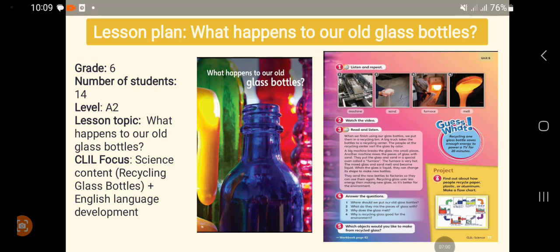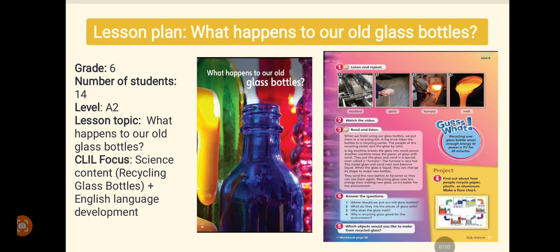And now I created a lesson plan according to CLIL, according to our students' textbook of 6th grade. I chose a topic: what happens to our old glass bottles. It's about content and language.